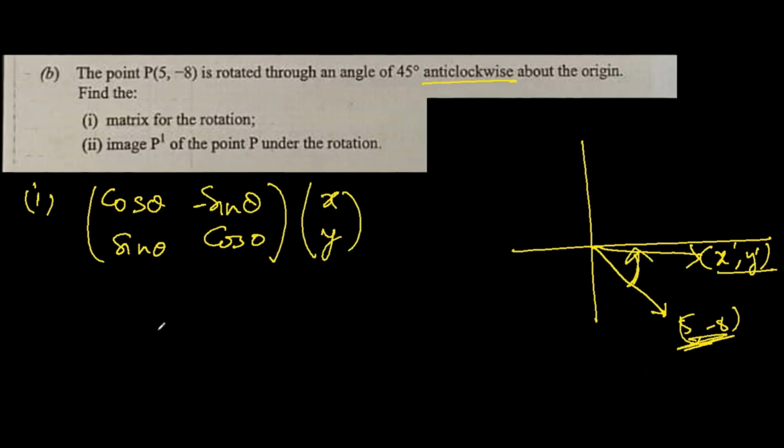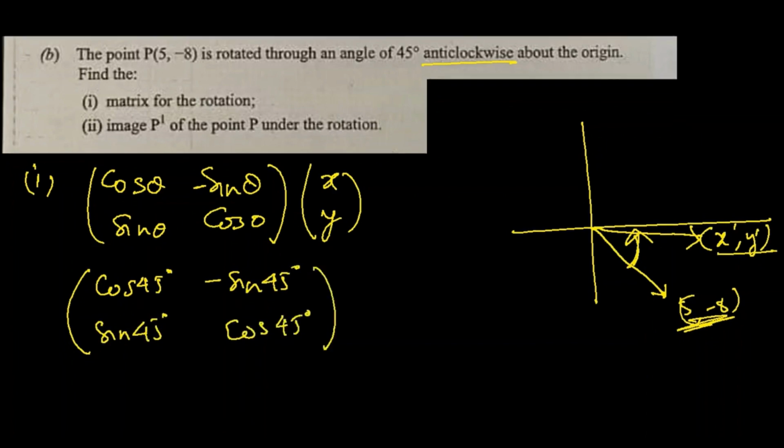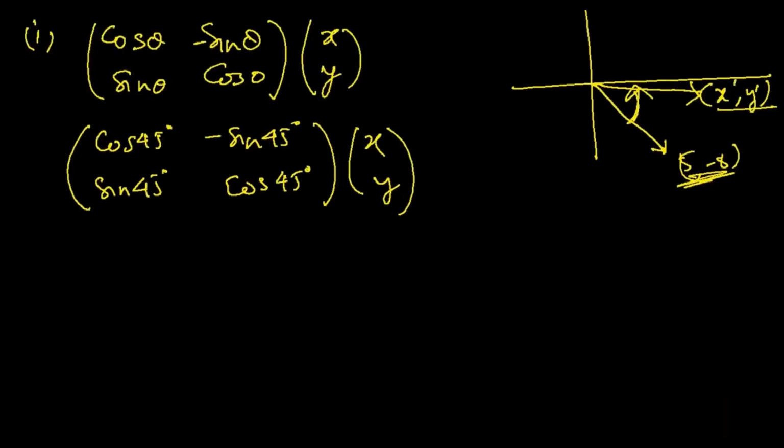We'll write here cos 45 degrees, minus sine 45 degrees, sine 45 degrees and cos 45 degrees, and xy. Let's give them a value now. Cos 45 and sine 45, both of them are 1 over square root 2.